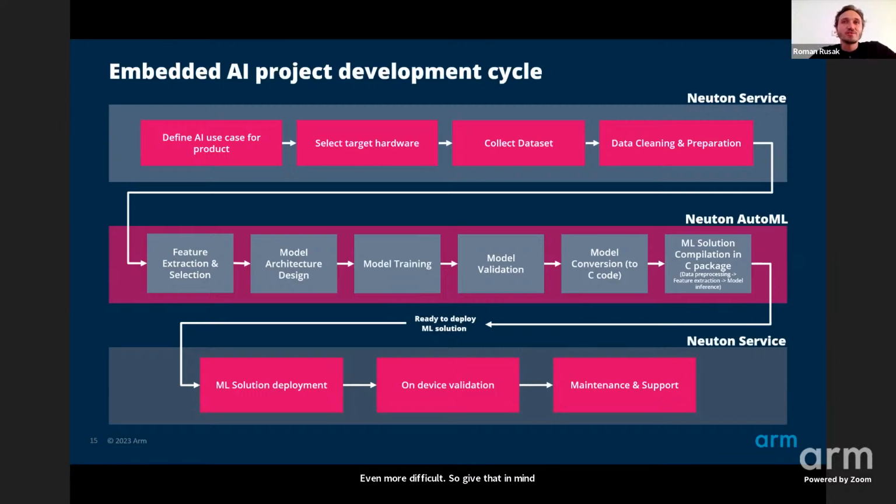And in our experience, tying everything together in the device firmware is the challenging part. That's why we provide ready-to-use ML packages in C code where everything is included: data pre-processing, feature extraction, model inference, everything. After this, we're ready for deployment of the model to the device and validation.